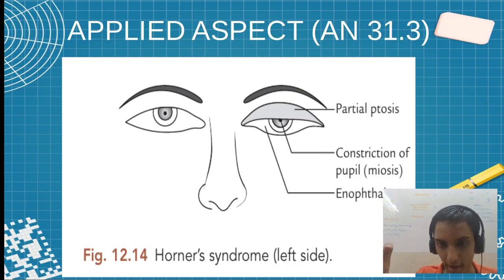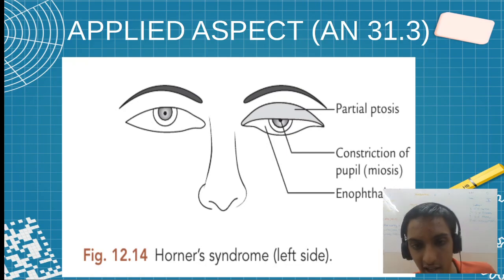And miosis. Myo is muscle. What is the muscle here? Pupil. Constriction of the pupil. Enophthalmos here. And anhidrosis. Hidrosis is what? The watery fluid. That is the lacrimal fluid. And this is absence. So it's the absence of the lacrimal fluid.